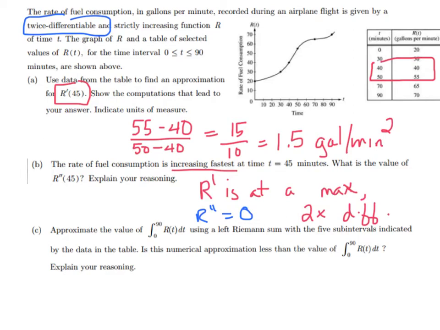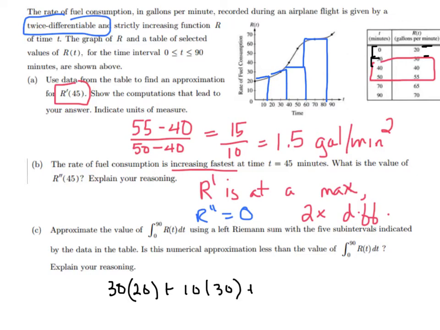Approximate the value of the integral from 0 to 90 using a left-hand Riemann sum with 5 subintervals. So left-hand, just remember, means we're going to use the left side of the interval to set our height. So the first one would have a width of 30 and a height given by the left side of 20. The next one will have a width of 10 and a height given by 30.